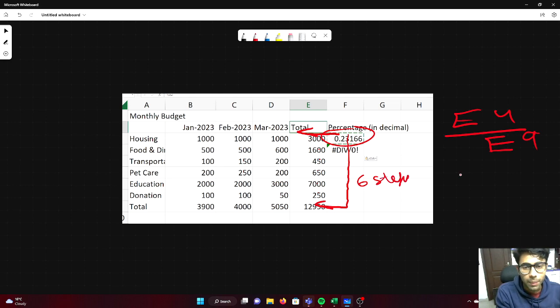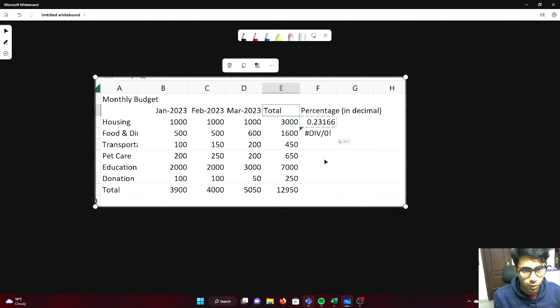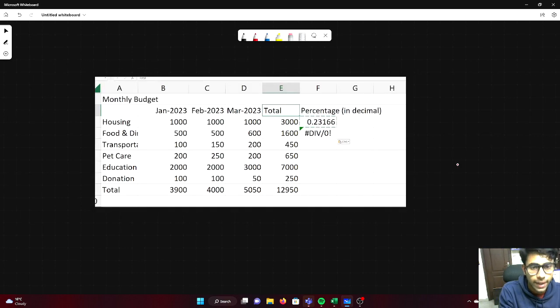Then I applied the formula here. What Excel did was write E5 divided by the value 6 steps down, which is empty.